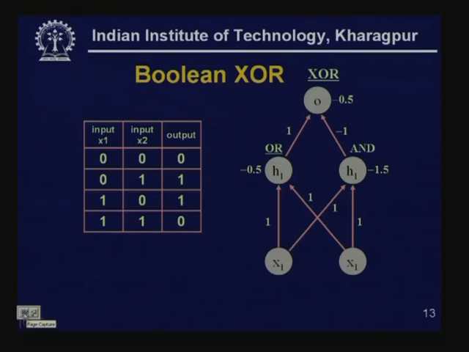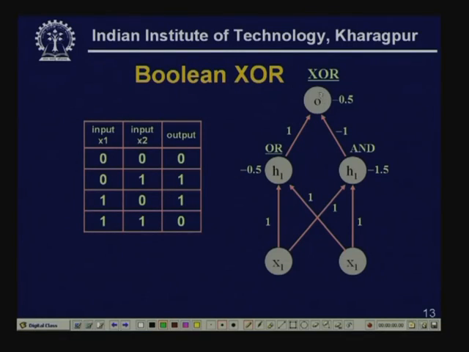However, if we arrange the linear thresholding units in two layers, in the first layer we compute x1 or x2, in this unit we compute x1 and x2, and here we do an XOR, we can compute an XOR by setting these weights.